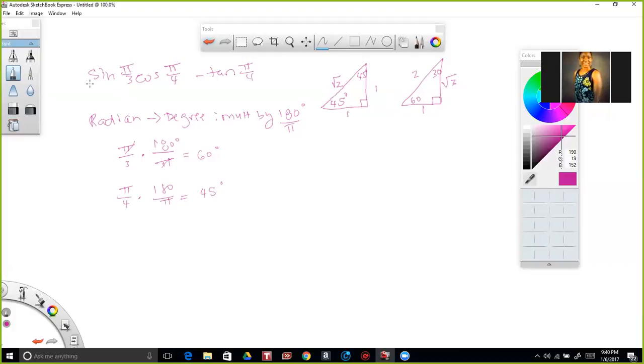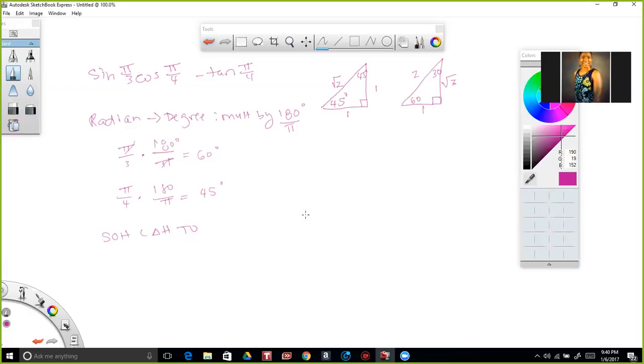So sine of, and also remember the acronym SOHCAHTOA. All right, SOHCAHTOA.